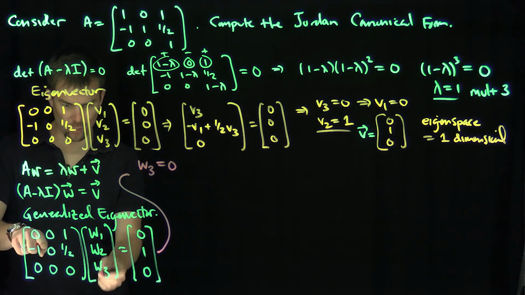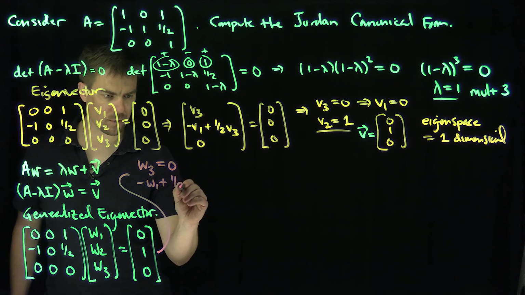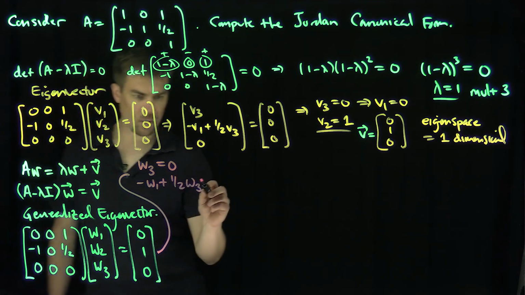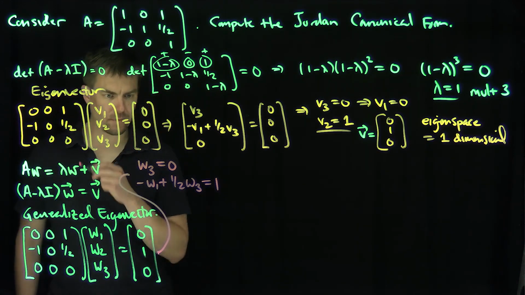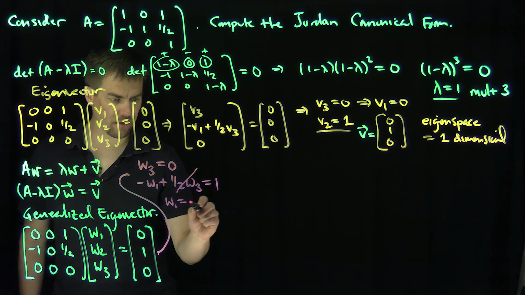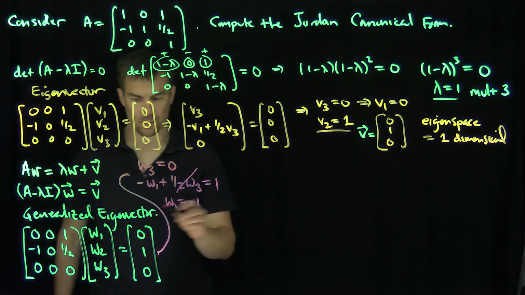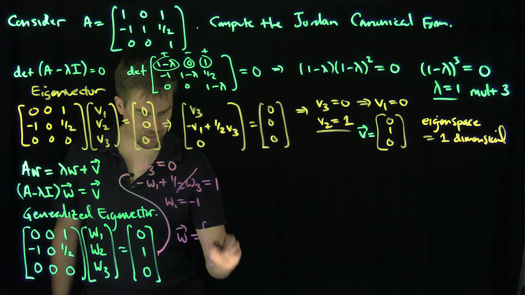Then negative W1 plus 1/2 W3 is going to be equal to 1, right? And there's nothing from the last equation. So W3 is equal to 0, that's gone, and that tells me that W1 has to be negative 1. That's great. So now we found our W vector. It's just going to be negative 1, 0, 0.